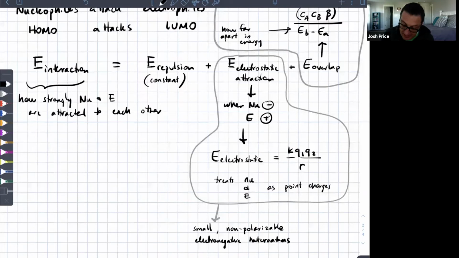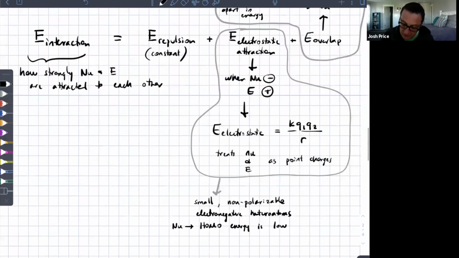And because of that, the HOMO energy on the nucleophile is low, meaning decently stabilized. Charges that are localized generally fall into this category.